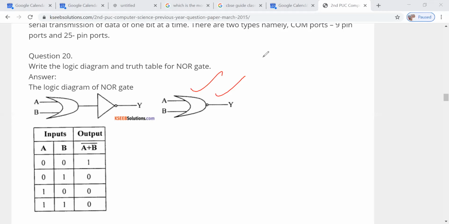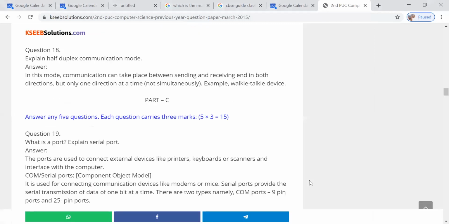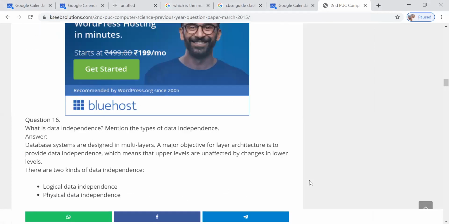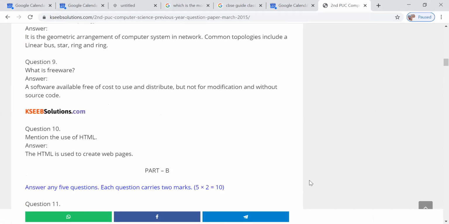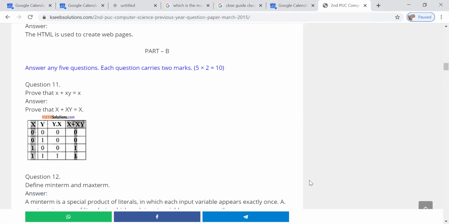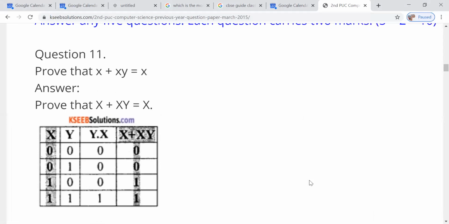These kinds of questions are very easy for us to get full marks. Now let's see if there are any similar questions like this. Prove that x plus xy is equal to x. In these kinds of questions, x and y can have only what?